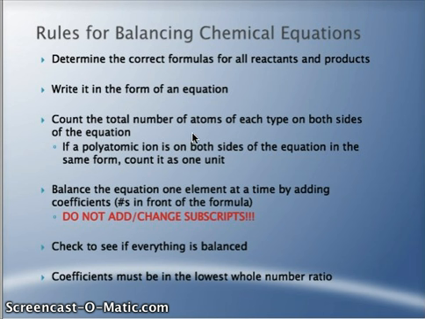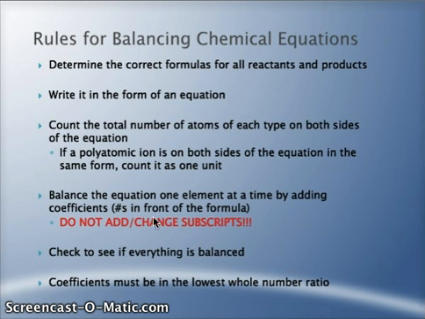You want to count the total number of atoms of each type on both sides of the equation. That's what we're trying to make equal. If you have a polyatomic ion in one of the formulas, you can treat it as one big unit. We'll see an example of this in just a second. You want to balance the equation one element at a time, and all you can do is add coefficients, numbers in front of the formula.